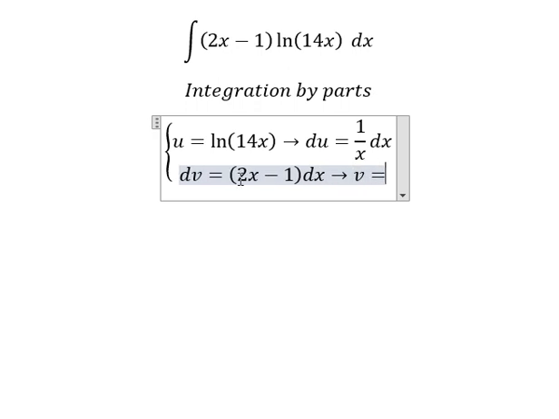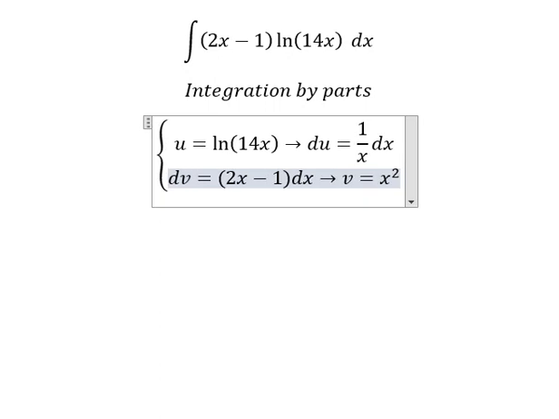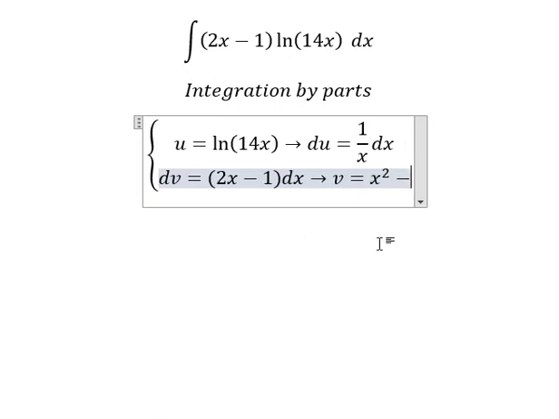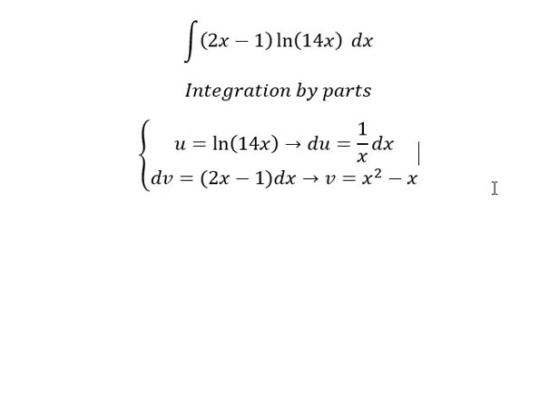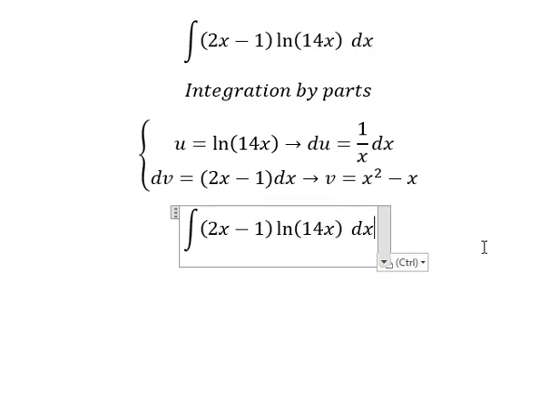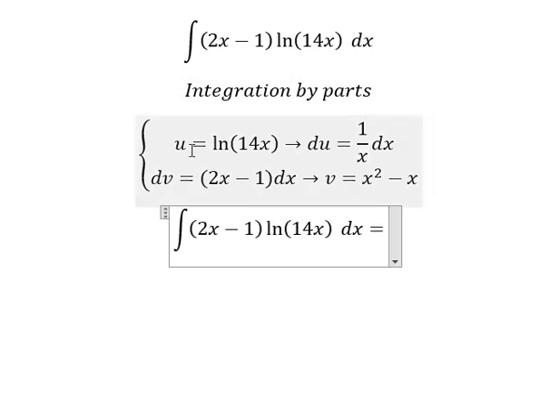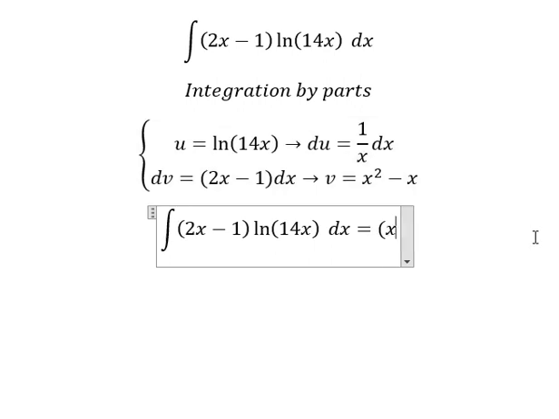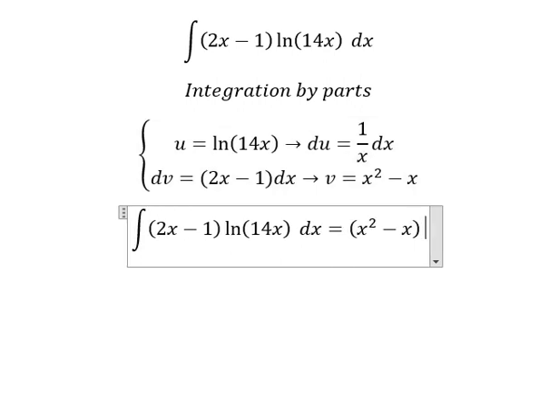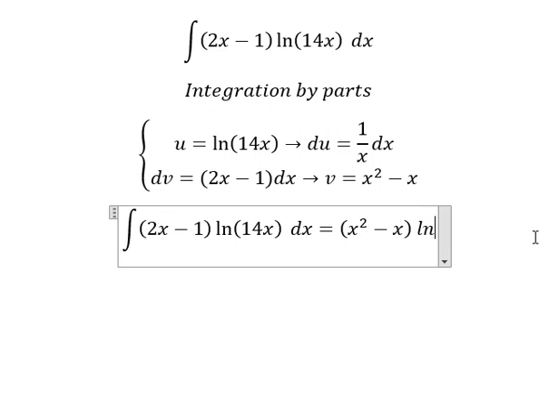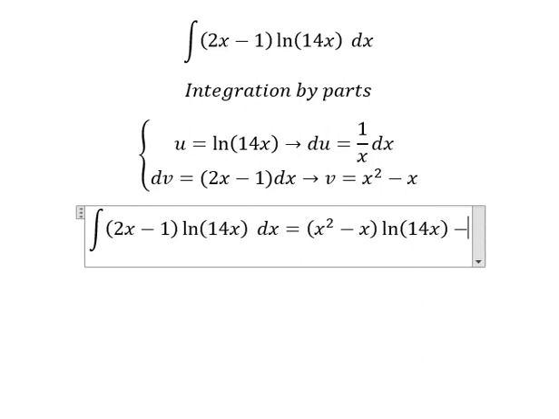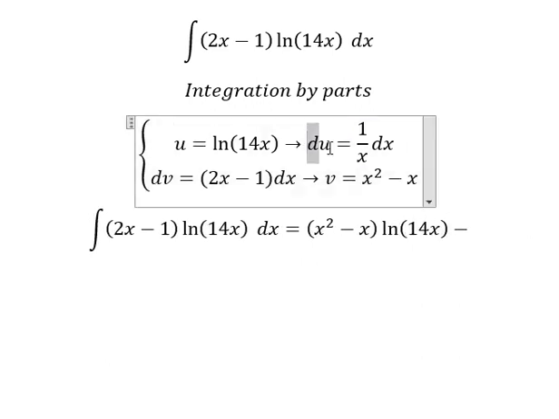So the integration of 2x is x squared, and the integration of negative 1 is negative x. So we have u multiplied by v, minus the integral of v multiplied by du.